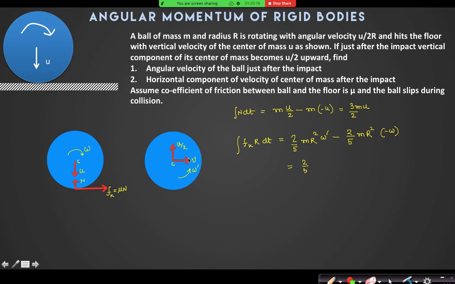So it is 2 by 5 mr square into omega plus omega prime.